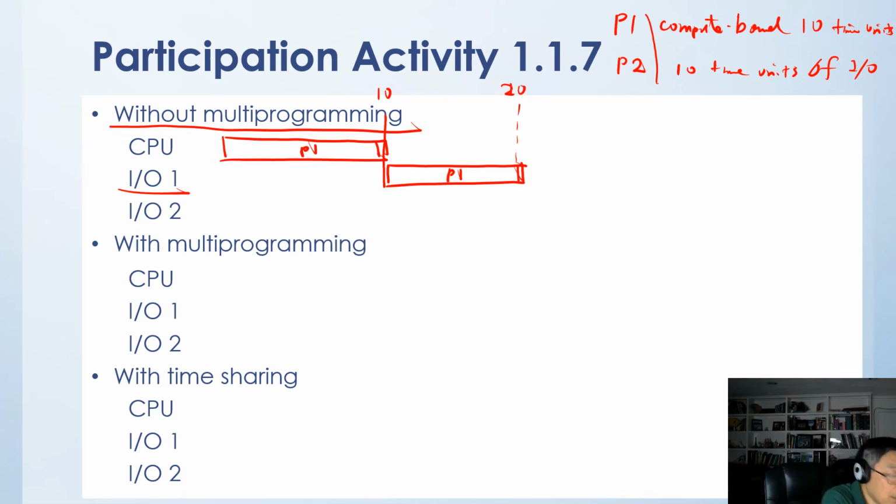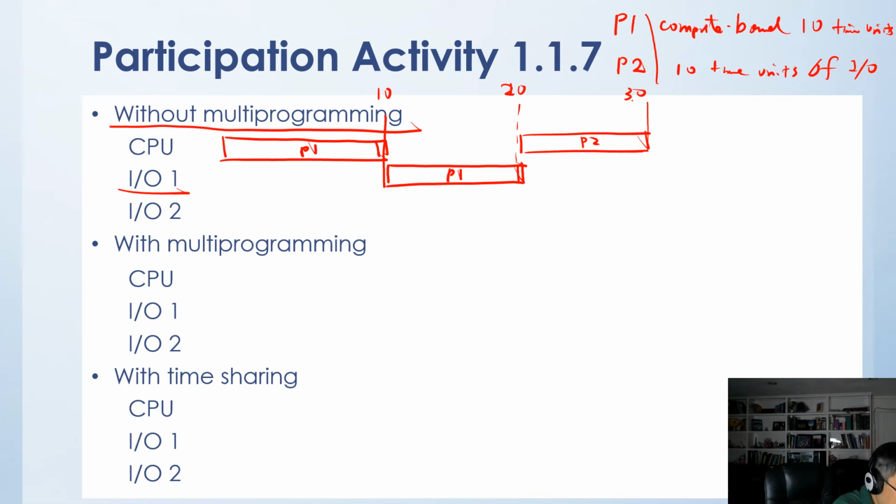Once P1 is done at time 20, P2 starts to run on the CPU. P2 runs for 10 time units, so from 20 it will complete at time 30.